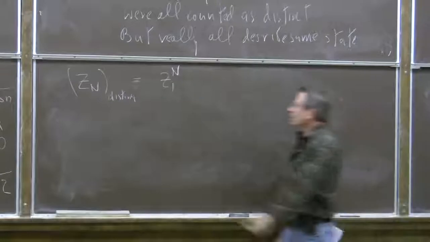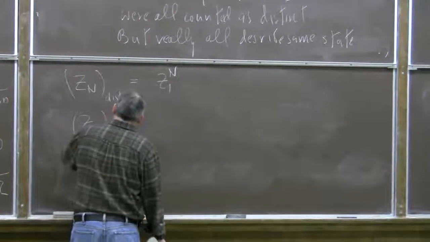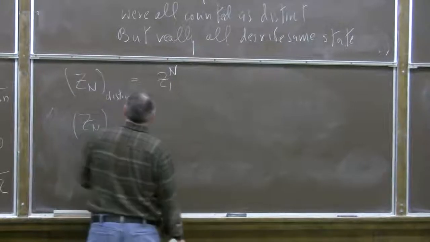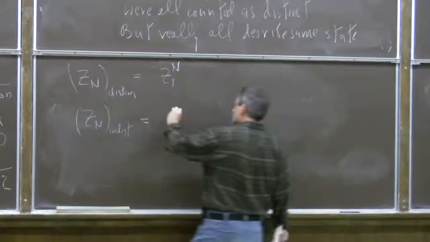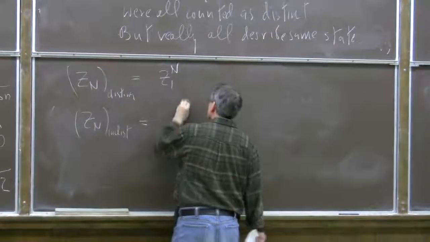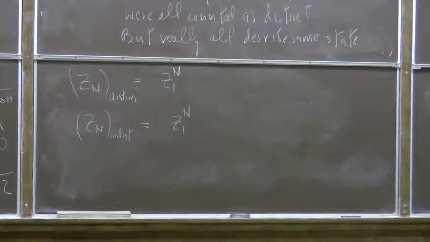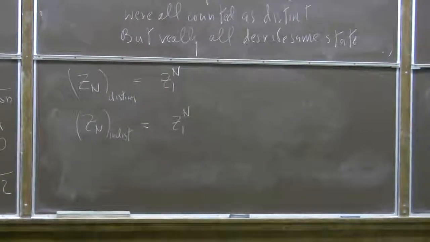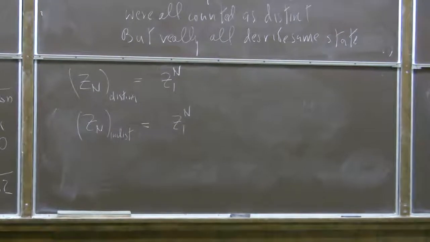If they're indistinguishable instead, Zn indistinguishable, I have to include a correction factor, which is what? What should I include now? I summed over all the states before, as though all the particles were distinguishable.